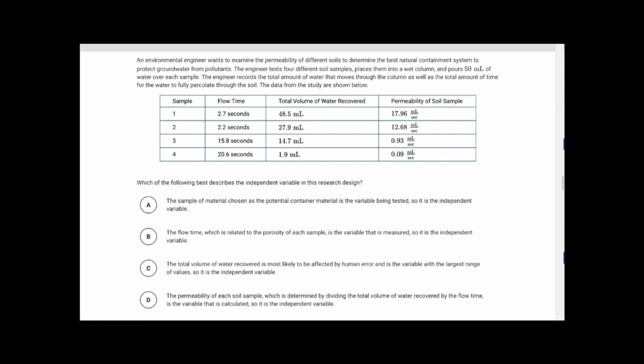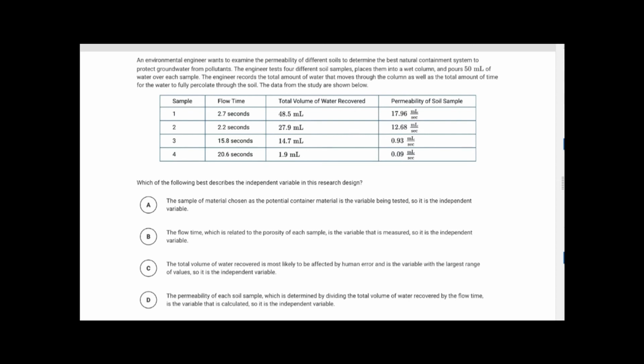So this one's interesting because he's explaining this experiment that this environmental engineer is doing, which is basically what you're going to do in your soil lab that I was explaining to you earlier. He measured the flow time instead because he was looking at permeability, but it's the same type of thing. And this whole question is about soil, and so you think, oh, they're going to ask me something about soil, right?